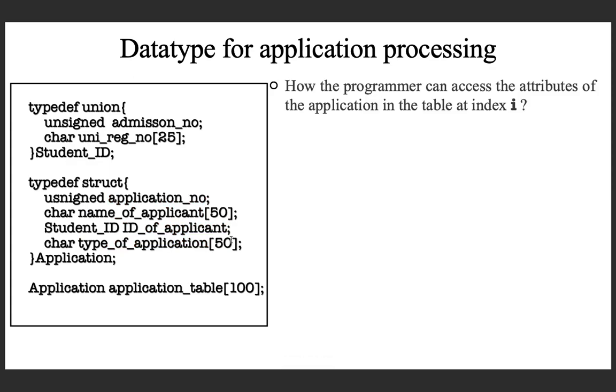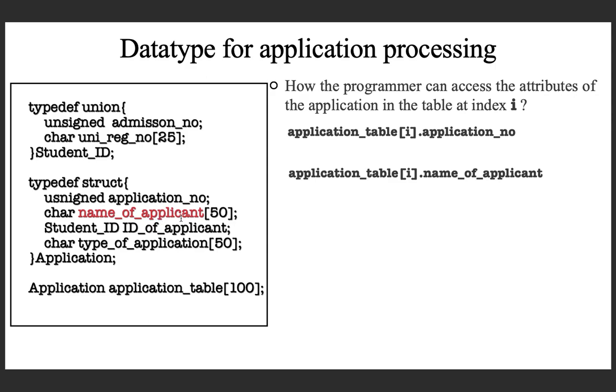And if you want to see how the programmer can access the attributes of the application in the table at index I, how will you do it? So at index I, application number can be accessed like this, because it is just a field of that structure. It's an array of structure. And if you want to access the name of the applicant, it is just another field in the structure. And if you want to access the ID of the applicant, you can either access the admission number like this.